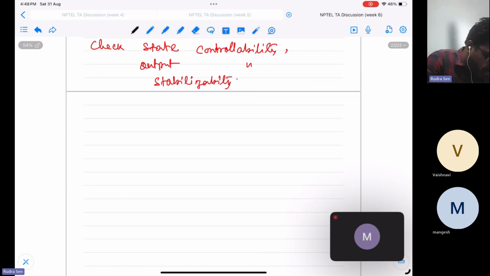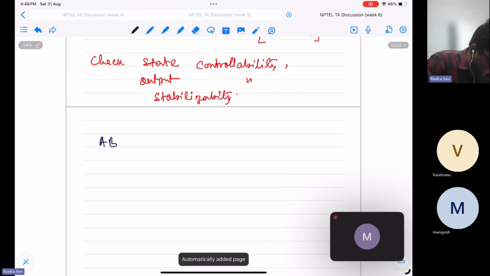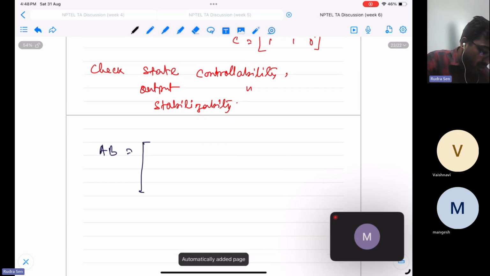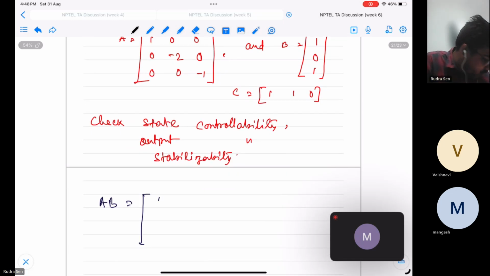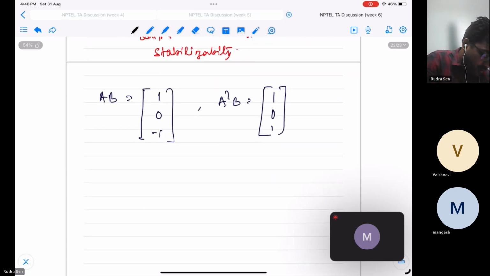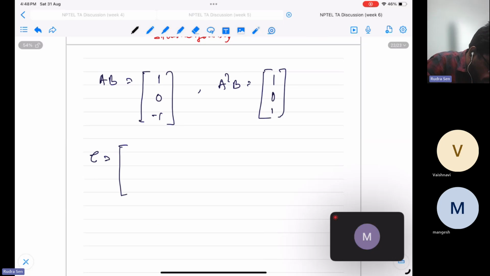So if you find the controllability matrix, just find AB. What AB will you get? Multiply A with B, you will get 1 0 minus 1, and A square B, A into AB, is 1 0 1. So the matrix is 1 0 1, 1 0 minus 1, 1 0 1.